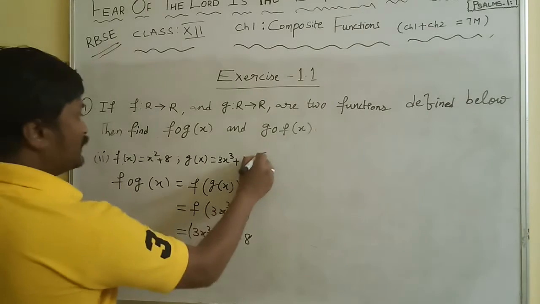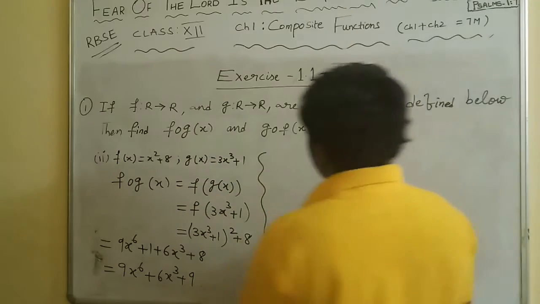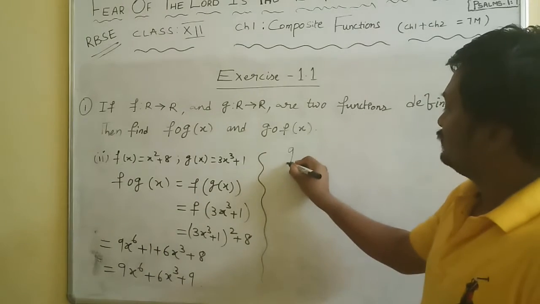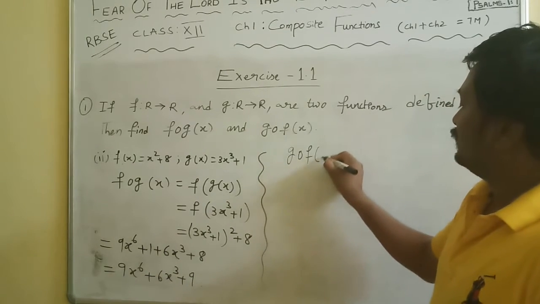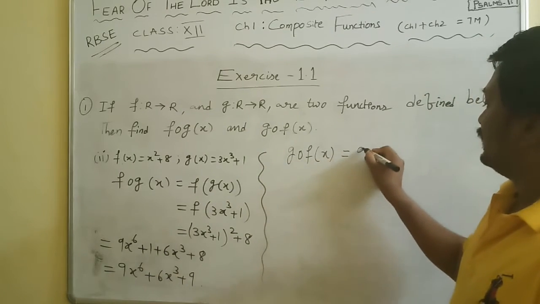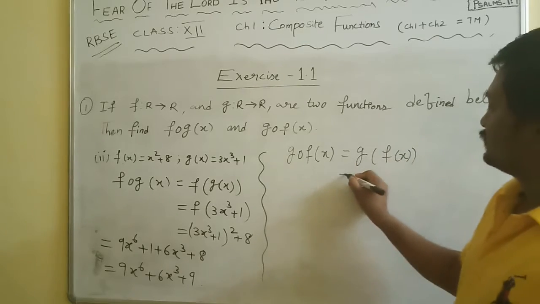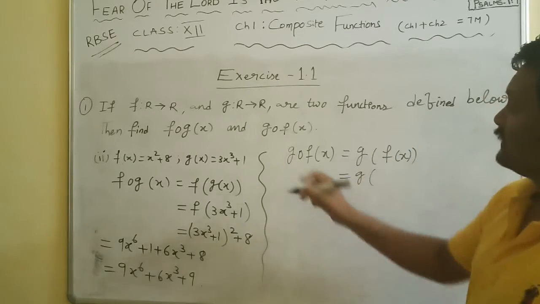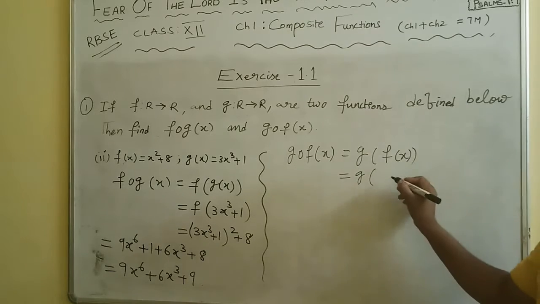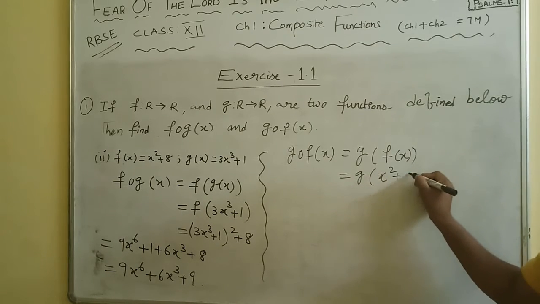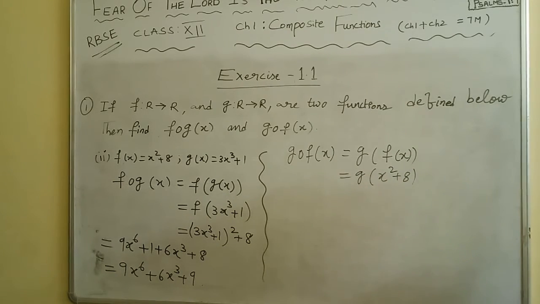So now let me move on to g circle f. Here I am writing g circle f of x. We can write it as g of f of x. So now g of, what is f of x? f of x is nothing but x square plus 8. So what do I need to do?